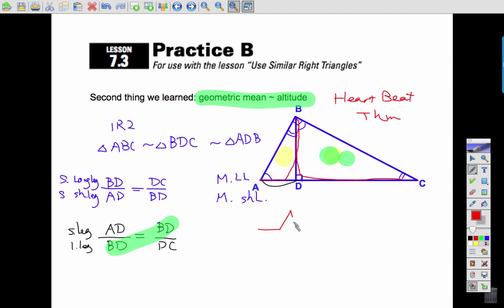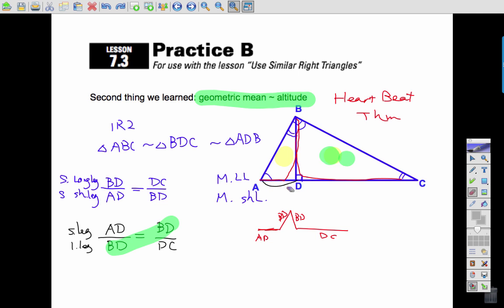So I go by heartbeat, right? I go to the first segment AD and then go up to BD, then equals BD again, then come down to DC. It's like what they use in the hospital, like a heartbeat. So they call this the heartbeat theorem. So that's another way to remember this.